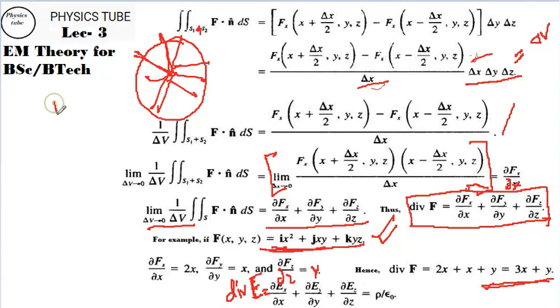Suppose you have a coordinate system like this, and I'll change color to make this concept much clearer. Suppose you have one area like this, next an area like this, and next another area like this. They're not touching each other.